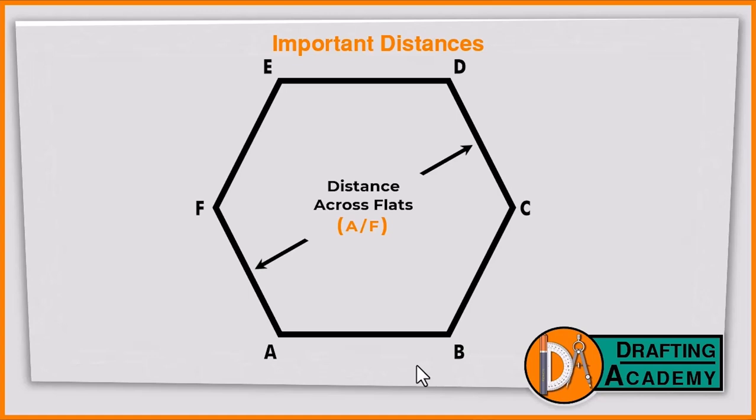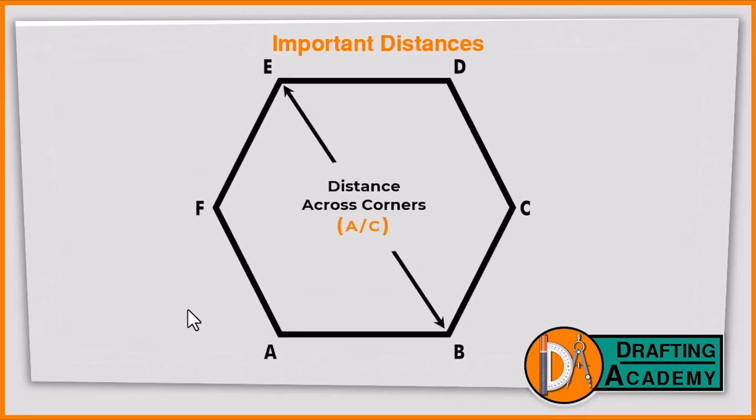For example, here we've got side AF. You notice side AF is parallel to side CD. So if we measure the perpendicular distance between AF and CD, we will be measuring the distance across flats. This distance is very key when we're drawing bolts in engineering drawing.